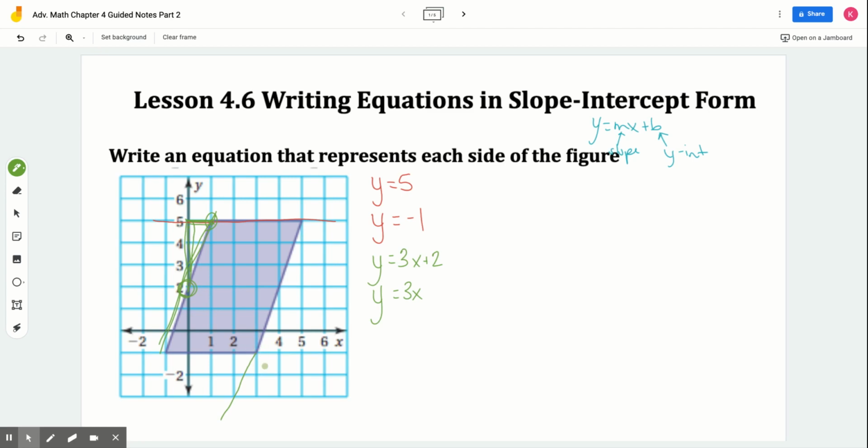Using our reasoning skills, where our slope goes up 6 units and over 2 units, or up 3 over 1, if we continued to work backwards, down 3 and left 1, we would find that our y-intercept is going to be -10. So we can write an equation for each side of this figure.